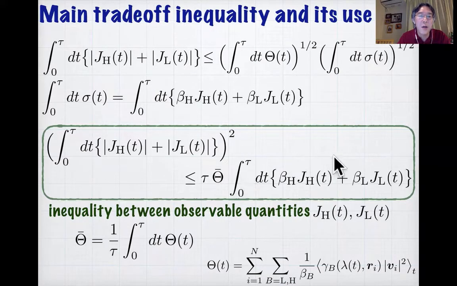And here, I made use of this equality. So I get this inequality, which is very interesting because we are using microscopic theory, but this inequality involves only this heat current and this quantity theta bar. So you can say that this is a kind of thermodynamic type inequality which only contains macroscopic heat currents.